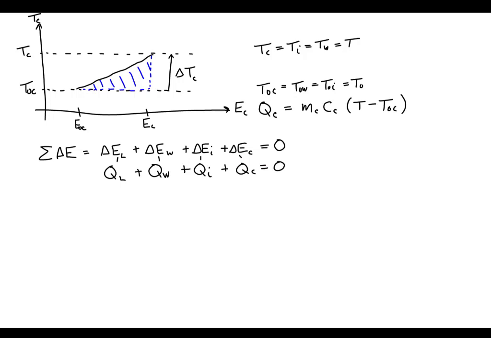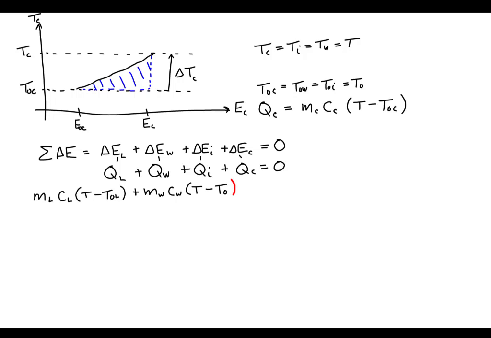So the heat exchange with the lead is given by the mass of the lead, specific heat of the lead, final temperature of the lead, minus initial temperature of the lead, plus the heat exchange with the water is the mass of the water, specific heat of the water, final temperature of the water, minus initial temperature of the water.